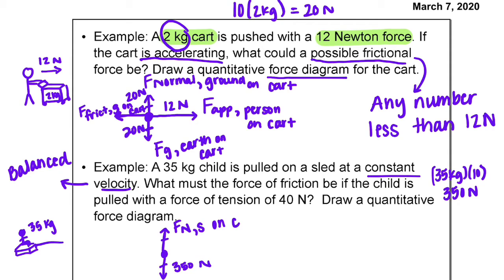So the sled is acting on the child, and I know that this force is going to be equal to gravity, so this is going to be a 350 Newton force. Now, they told me that the force of tension is 40 newtons. Now, I know I'm not drawing this to scale, but that's okay. So my force of tension, this is the rope on the child, is 40 newtons in magnitude.